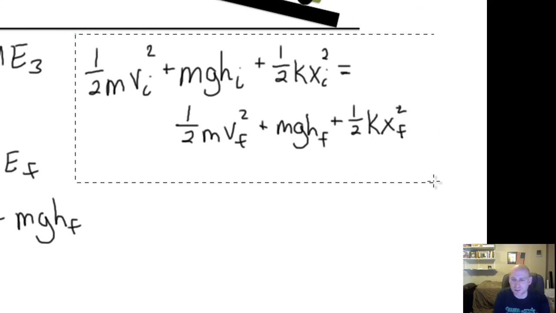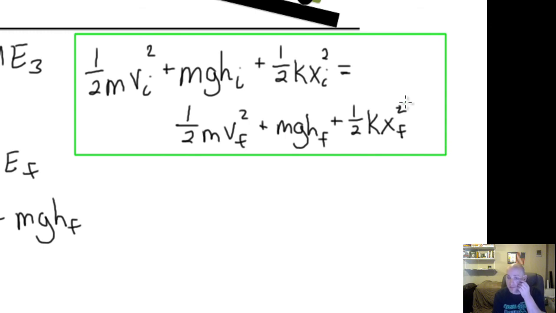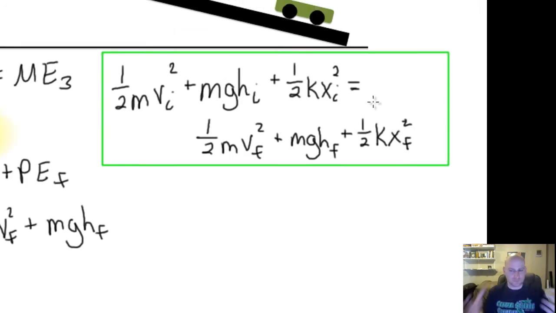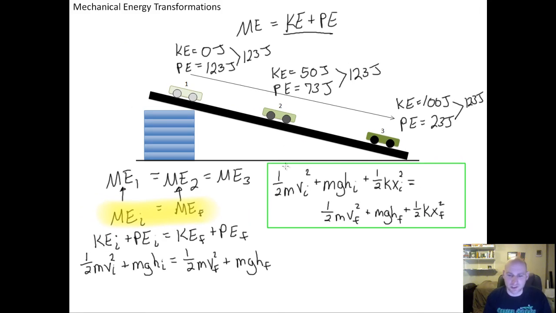And it's a long equation. I'm going to show you how to use it, but it's really not that difficult to use. So don't get frustrated at how long it is and how many terms there are. A lot of these will cancel out, and we can look at this real quick. If I look at my initial kinetic energy here, well then my initial kinetic energy is 0, which means my velocity is 0, and so that actually goes away.